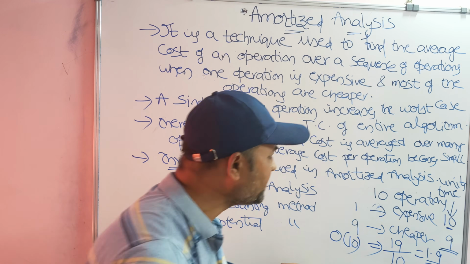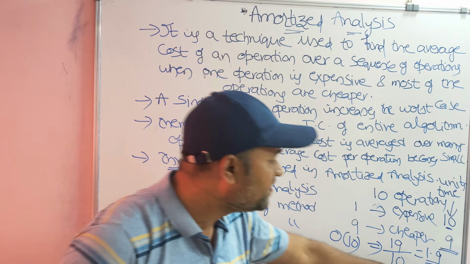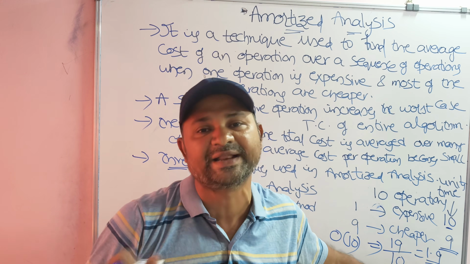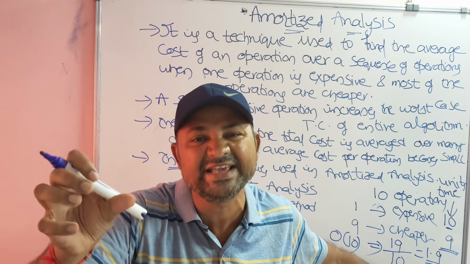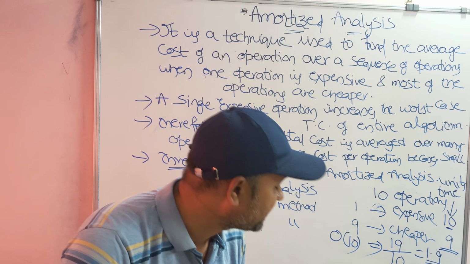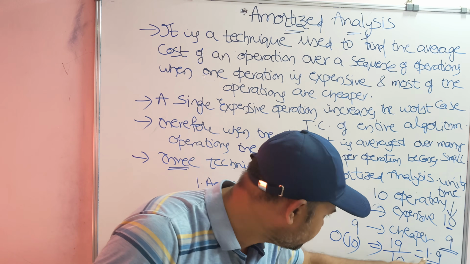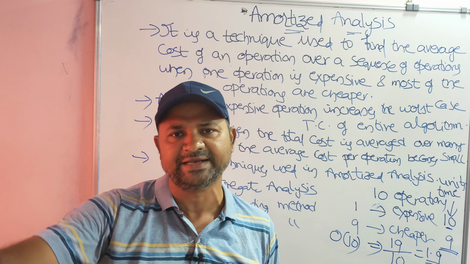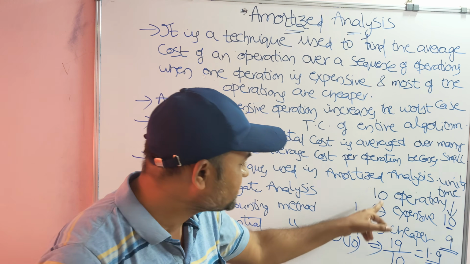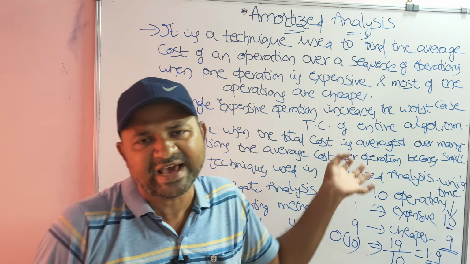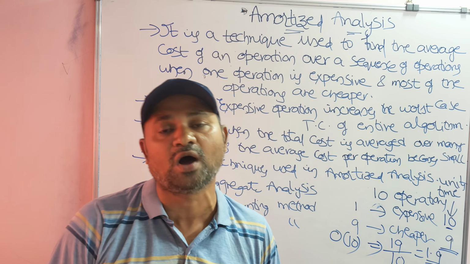With the help of amortized analysis, we calculate the average cost of an operation. The average cost of each operation will be calculated with the help of amortized analysis. So what is the complexity here? Order of 1.9, that means order of 2, whereas the worst case time complexity is order of 10. So we are reducing from order of 10 to order of 2.